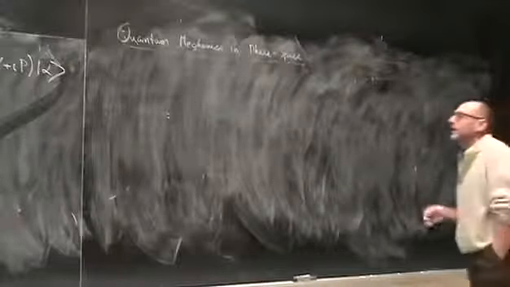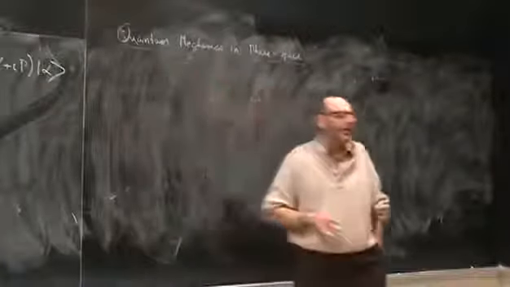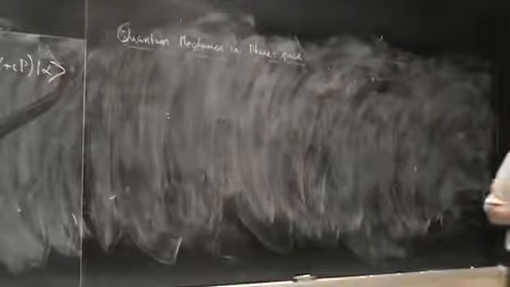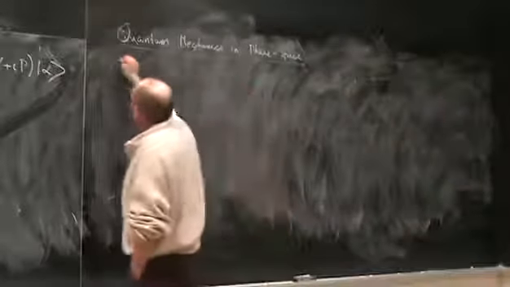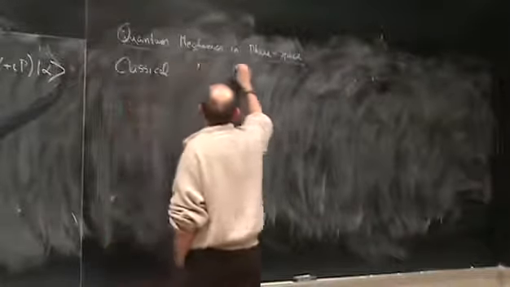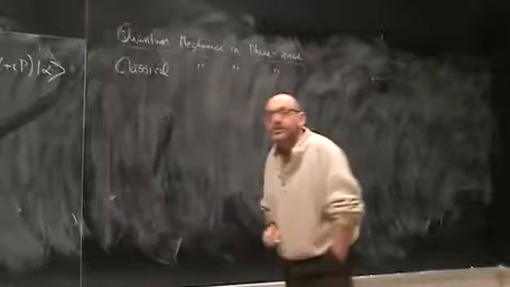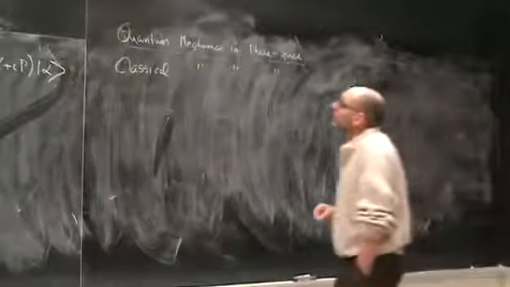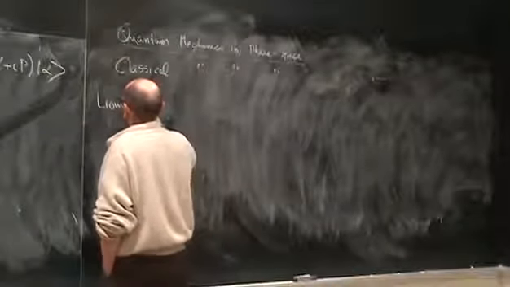In particular, in order to think about quantum mechanics in phase space, we want to understand how it is different from classical mechanics in phase space. Okay? So what's classical mechanics in phase space? Well, we could formulate that in a classical statistical theory through the Liouville formulation.